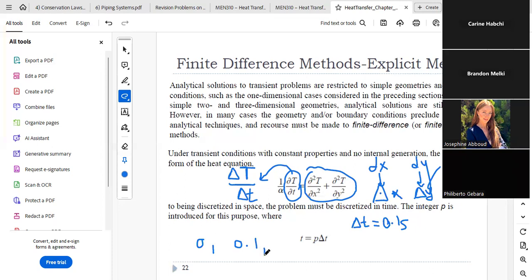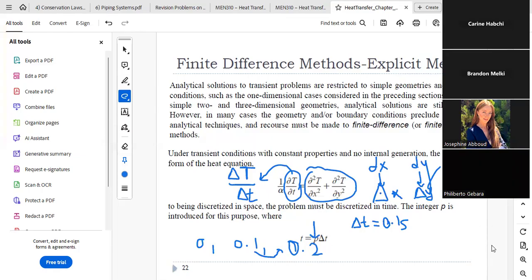So this is the step. Always we add the step of time delta t. So we will solve for the variation of temperature for times with step 0.1 second. And then we can say that the time will be written as an integer p times delta t. So it's a multiple of delta t.